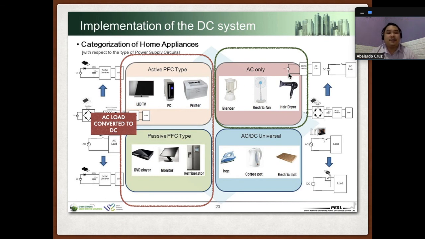But there are some appliances that allow AC only, so we don't need to convert it. These are blenders, electric fans, and hair dryers. Notice also that these AC loads are usually motors. And take note also, we have these devices that can be plugged into AC or DC.